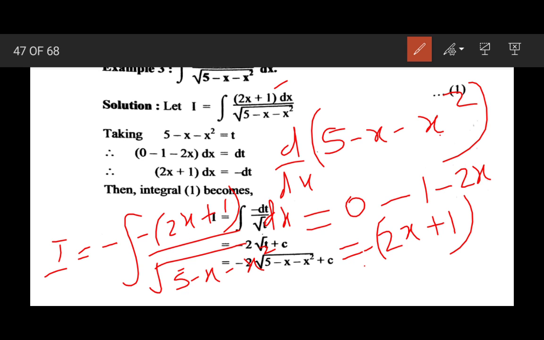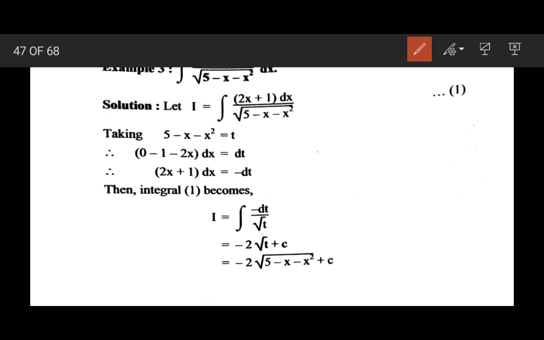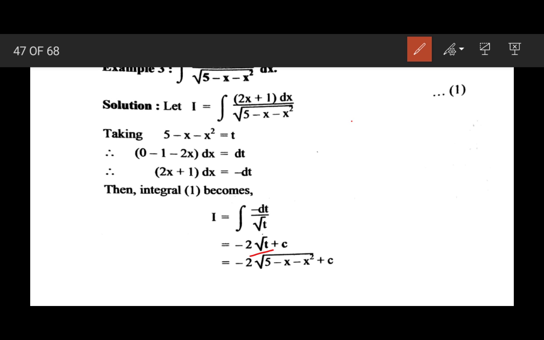Okay, now you can see the numerator is exact derivative of denominator, and we know that integral f dash x upon root f of x, that is equal to 2 into root f of x plus c. Okay, so 2 into this term as it is. So integral will be 2 into under root of 5 minus x square, and this minus sign as it is. So minus 2 under root of 5 minus x square plus c.